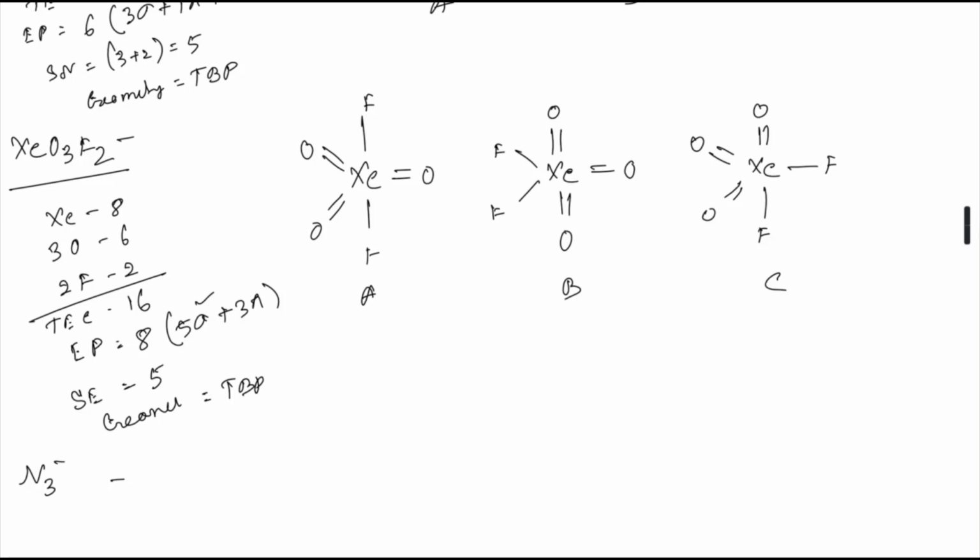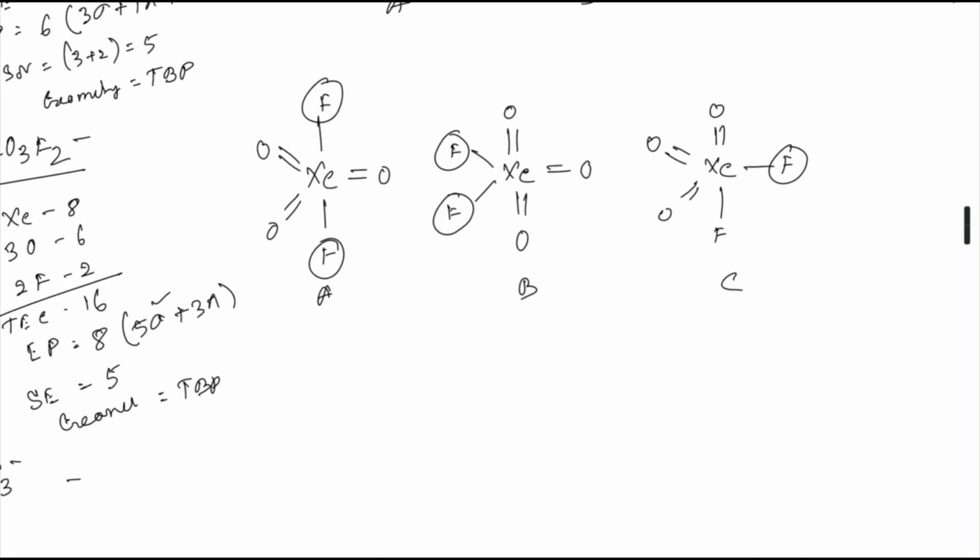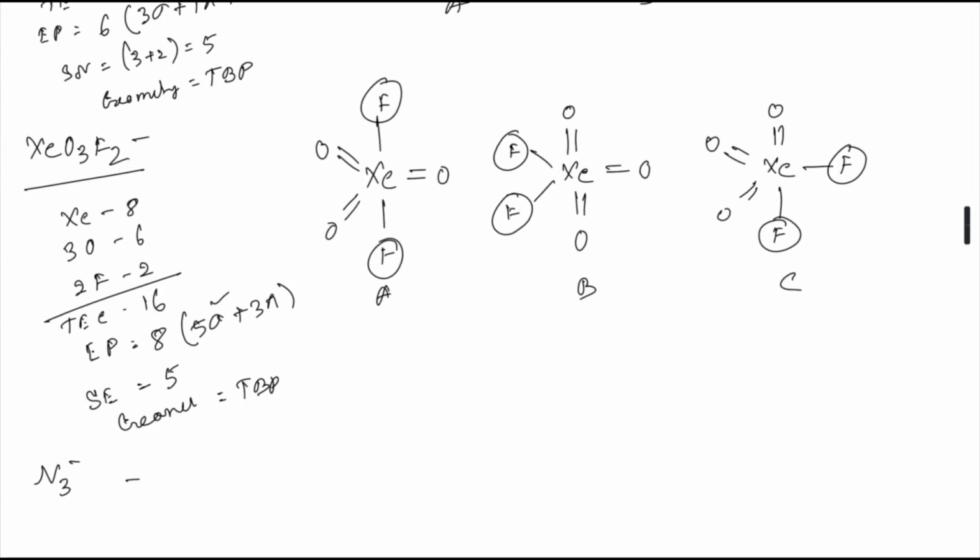For the TBP structure, the possible alignments are A, B, C. In A, the 2 fluorines are in the axial position. In B, the fluorines are in the equatorial position. And in C, one fluorine is equatorial and the other is in the axial position. Now if we apply the previous rule, that a multiple bond generally prefers to occupy the equatorial position, in case of A, where the 3 oxygens are equatorial, the interactions will be lesser and this will be more stable.